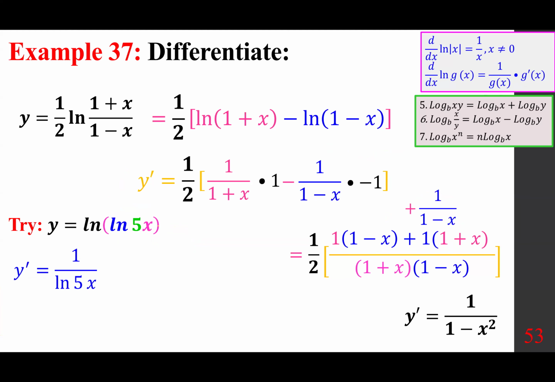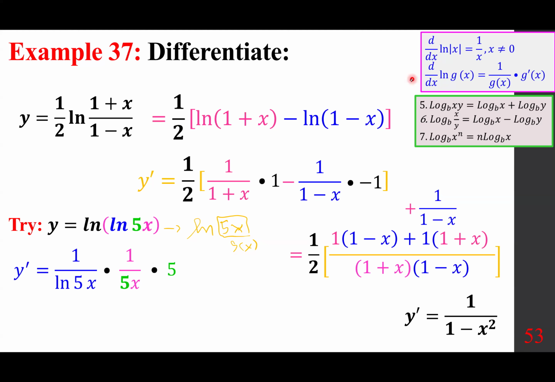And this time, you're dealing with ln of 5x, where 5x is your g function. So 1 over 5x times g prime, the derivative of 5x, which is 5.